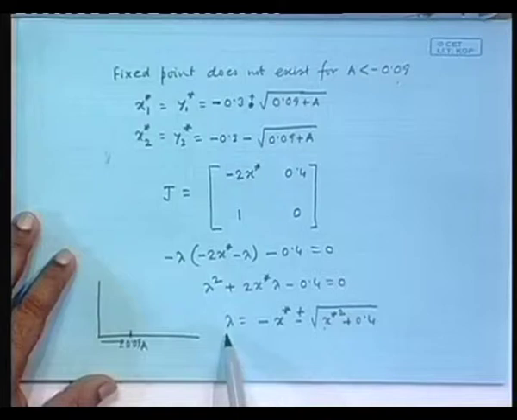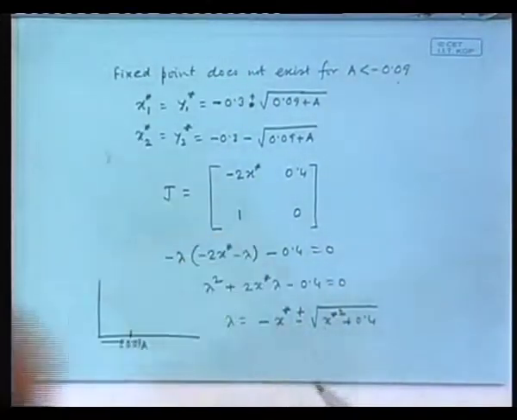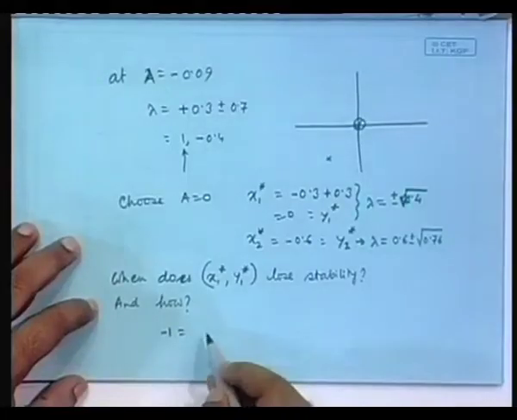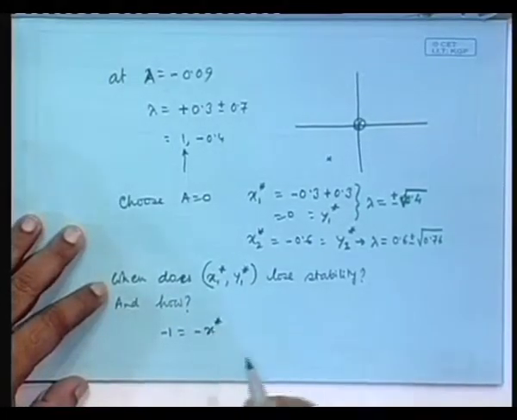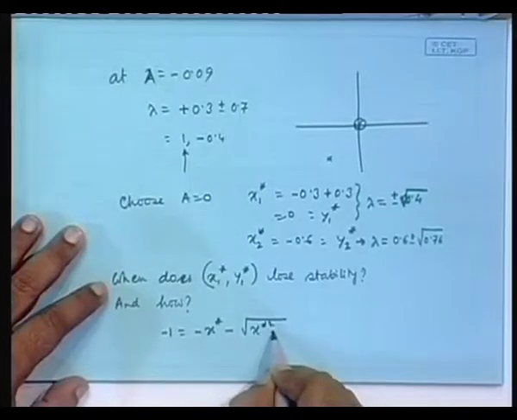So, here you put -1, and it is logical to say that in that case you will have to take the -1 here. There are two eigenvalues, plus and minus. The one with the plus will be more to the positive side than the one with the minus. Therefore, if one goes negative, only this fellow can. So, you will have to substitute it like this: -1 is equal to minus x star minus root over x star square.